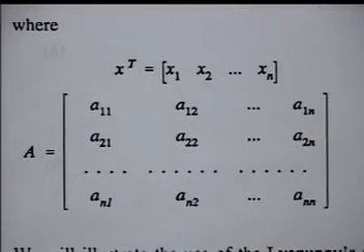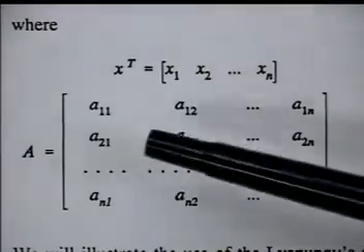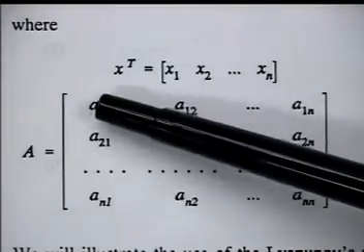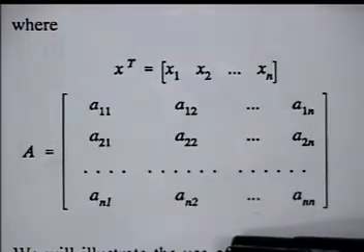And A is this matrix: a11, a12, etc., a1n. These are the coefficients of the system.